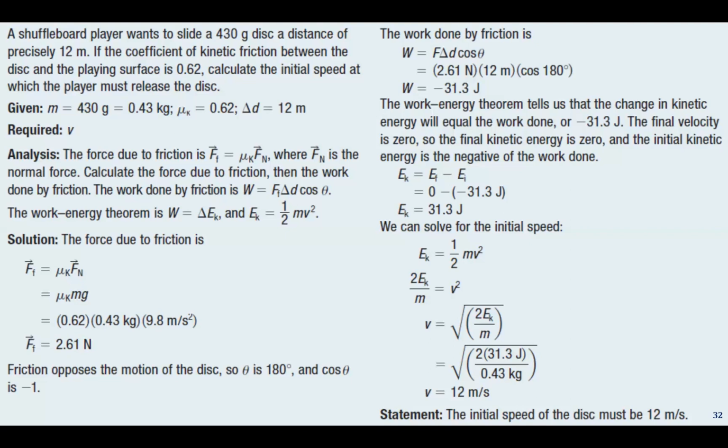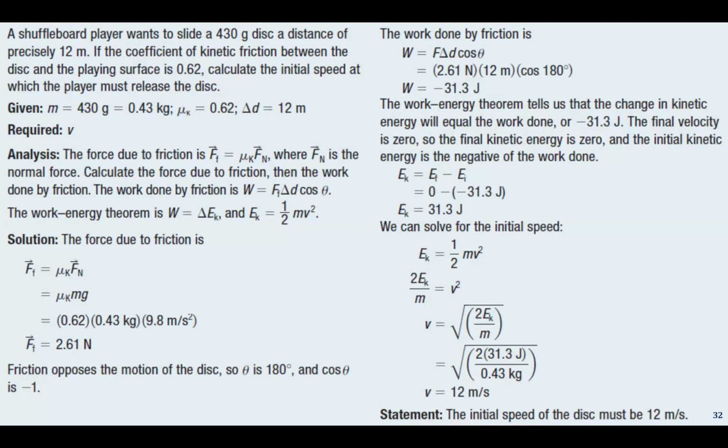The work energy theorem tells us that the change in kinetic energy will equal the work done, or -31.3 joules. The final velocity is 0, so the final kinetic energy is also 0, right? And the initial kinetic energy is the negative of the work done, which is delta Ek equals Ef minus Ei. And this gives us Ek equals 31.3 joules.